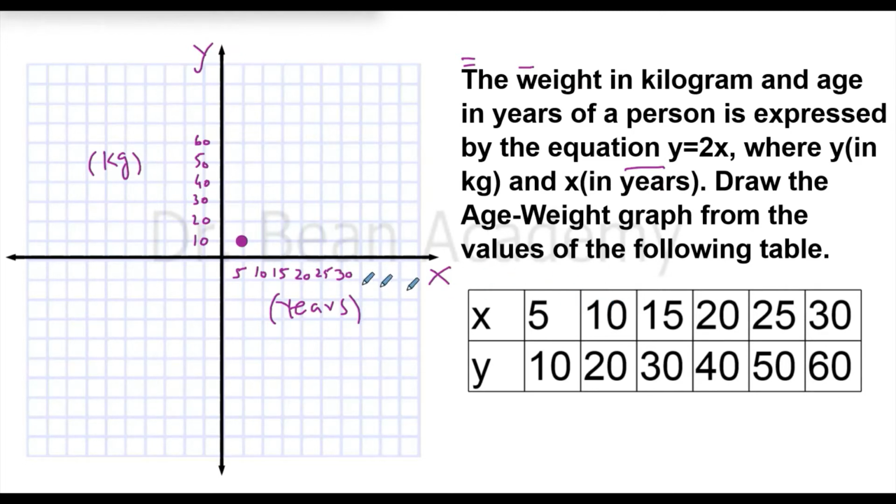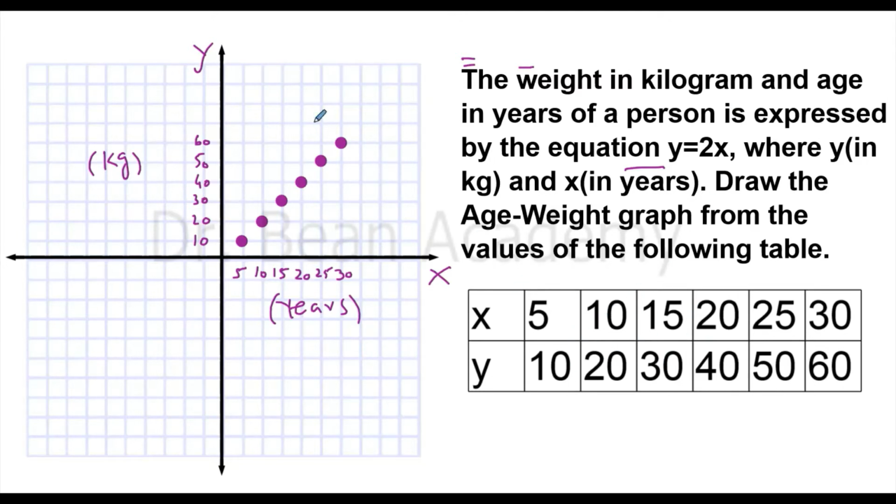Similarly, when age is 10 years, the y value is 20. I will go up, stop in front of 20. Here is that point. For 15, it's 30. For 20, it's 40. For 25, it's 50. And 30, it's 60.